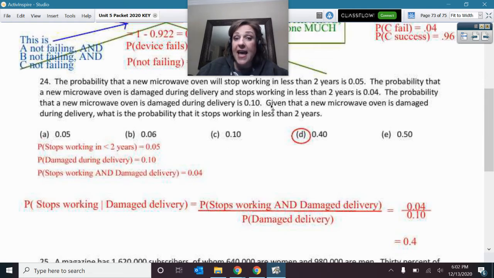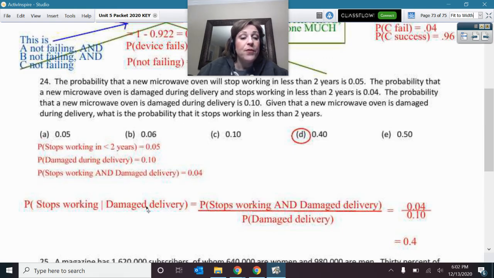So the question says, given that the new microwave was damaged during delivery, so see, that's this, given that it was damaged during delivery. So the total damaged during delivery goes on the bottom, and that's that 0.10. Then what's the probability that it also stops working in less than 2 years?